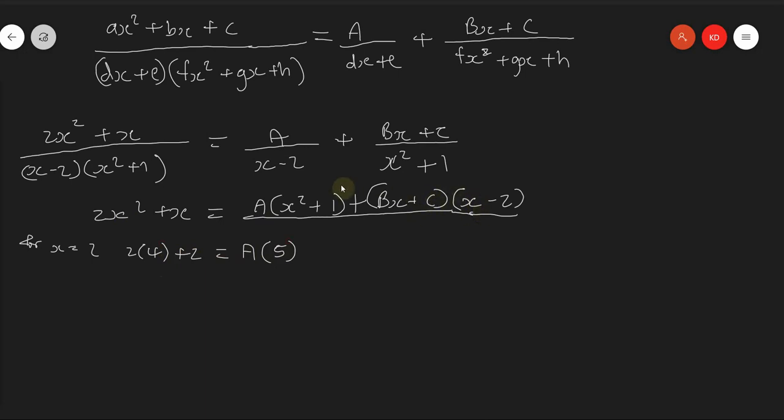This entire part will cancel out, because 2 minus 2, that's 0. That's 0 times everything here is 0. Therefore, we have 5a equal 10. Therefore, a is equal to 2. Good.